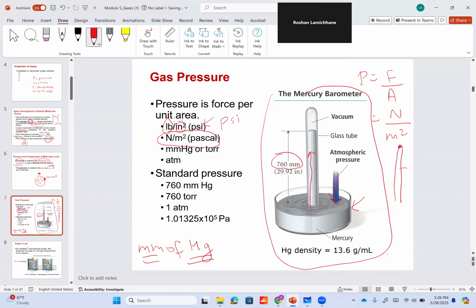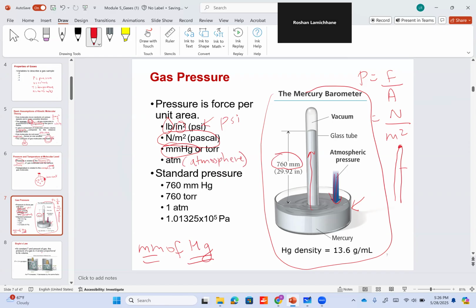All right. If we use some other liquid, the height will not be 760 millimeter. Keep that in mind. So that's where the unit comes into play. And ATM is called atmosphere. That's one of the most basic units we use to measure the gas pressure, right?